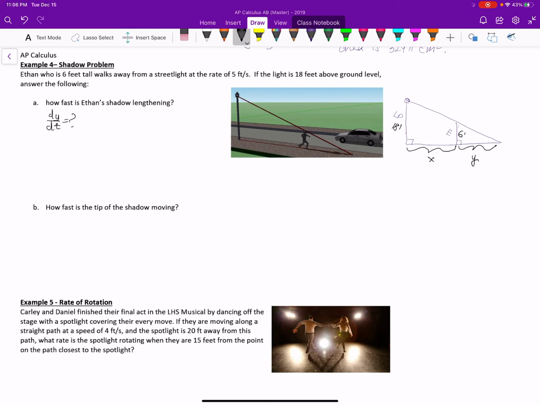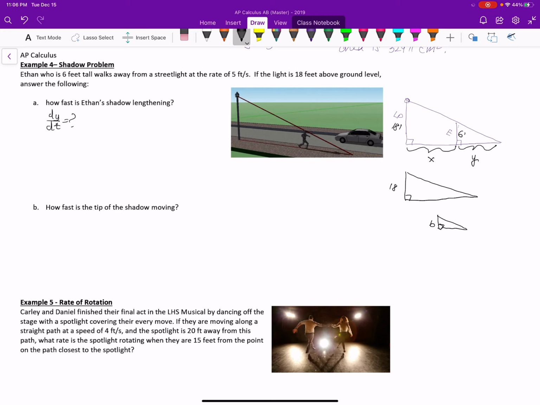So we need to find an equation that we can base this on. What we're going to use is similar triangles. Sometimes it helps drawing the two triangles separately. So we have this big triangle and the small triangle. This is from geometry: by angle similarity, these two are similar. So this is 18 and that's 6.